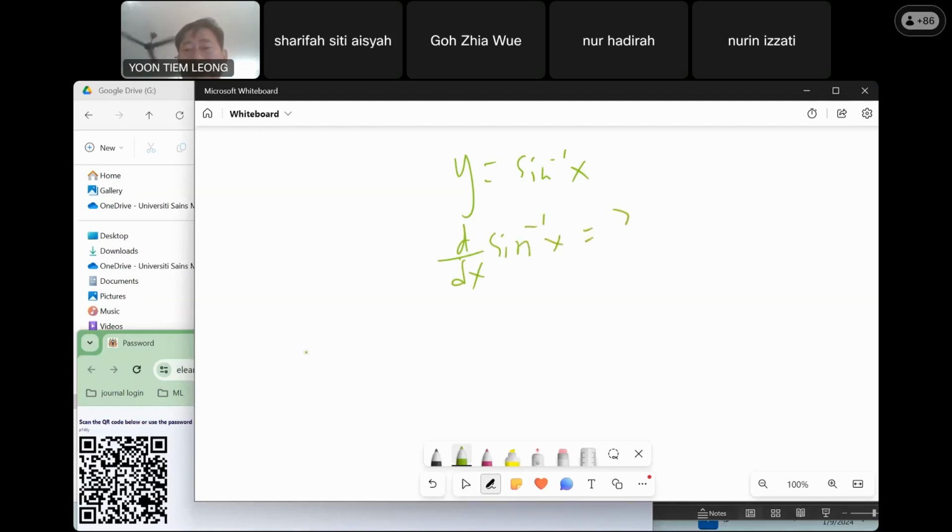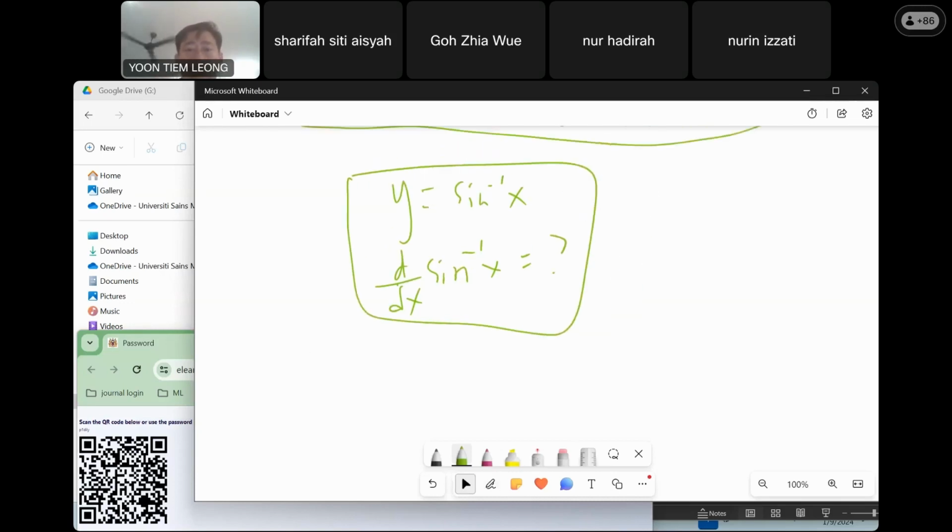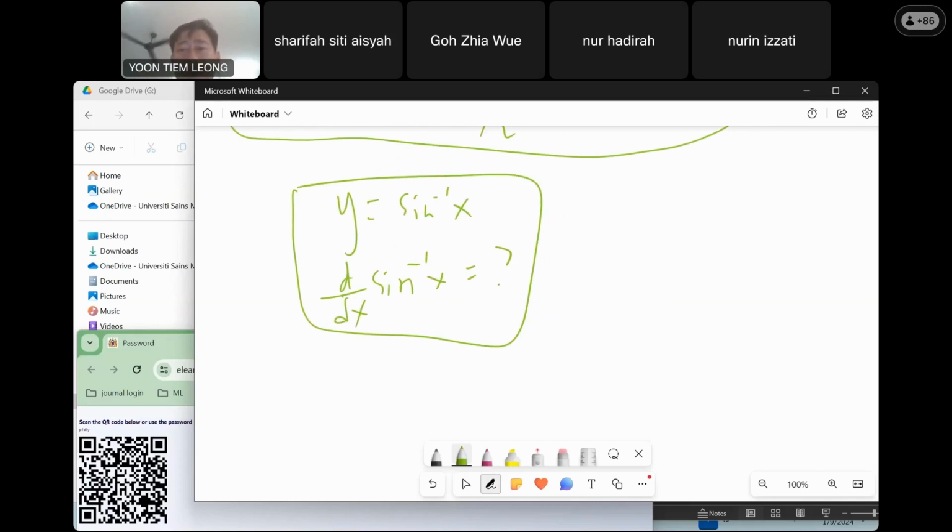The derivative of arcsine can be easily calculated by using the formula that relates the function and the inverse of the function. Remember, we have these situations.